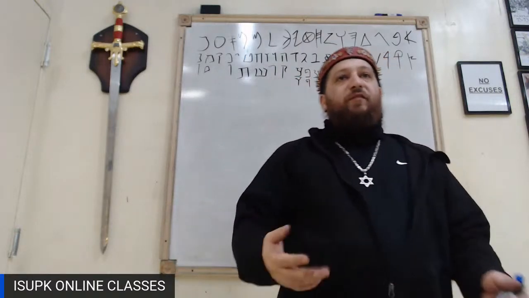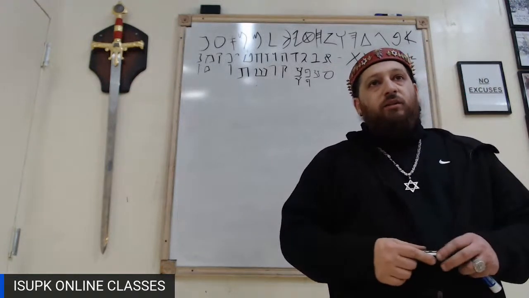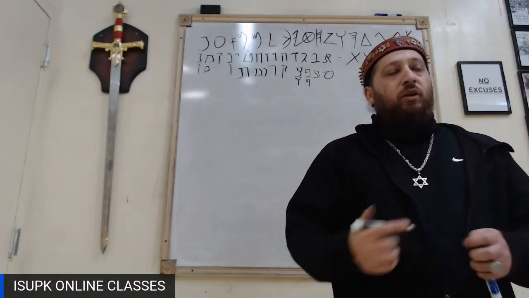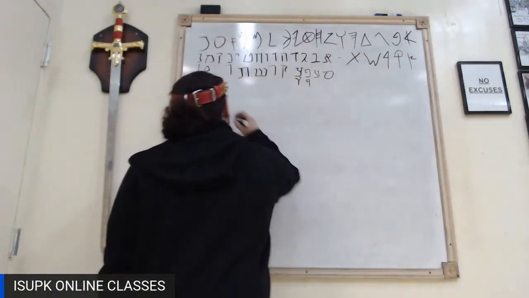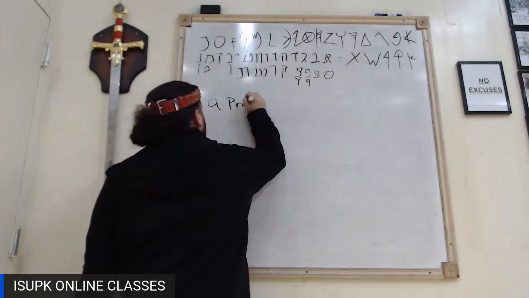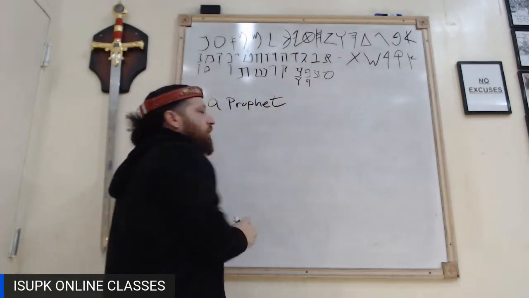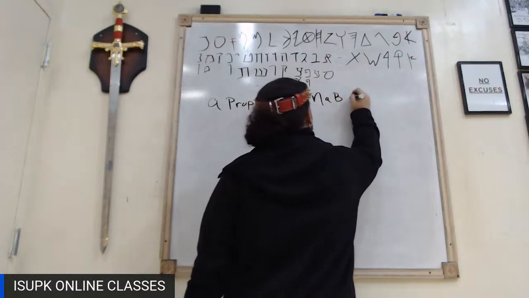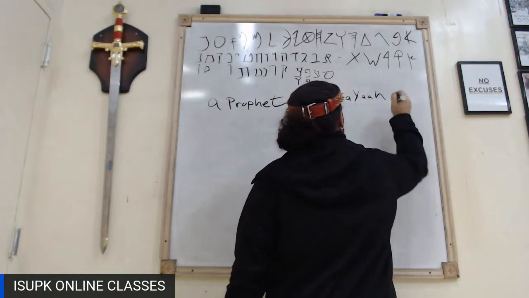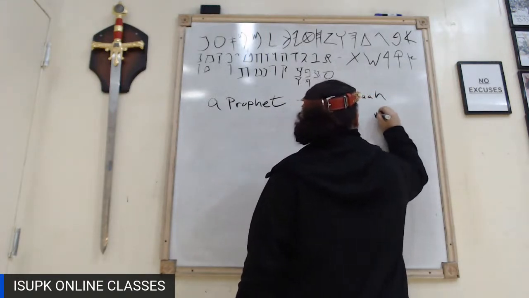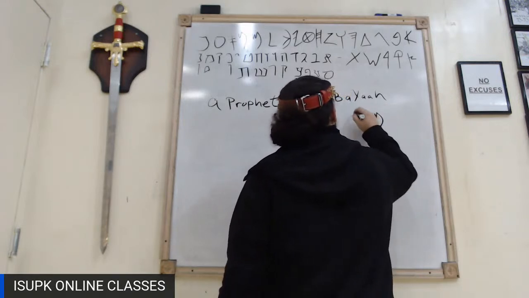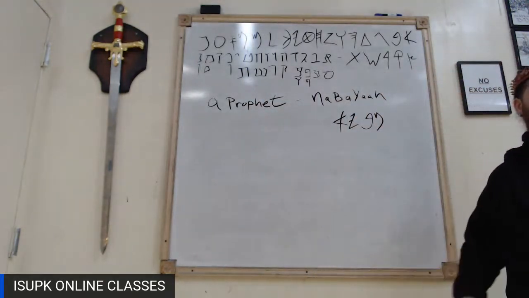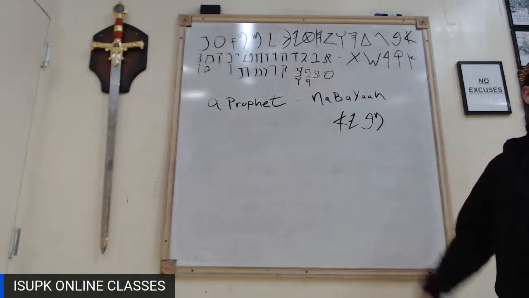So now you have something called definite articles or indefinite articles. All this is saying is whether it's something or something specific. So for example, a prophet is Nabaya.